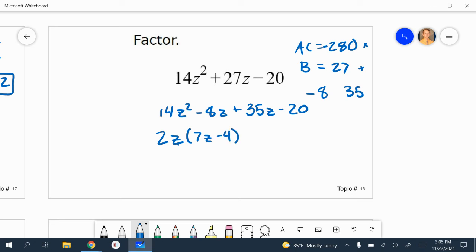In the second group, I could pull out a 5, which would leave me with 7z and negative 4. Okay, so then we would have 7z minus 4 in parentheses. We will also have 2z plus 5 in parentheses. And we're done with this problem.